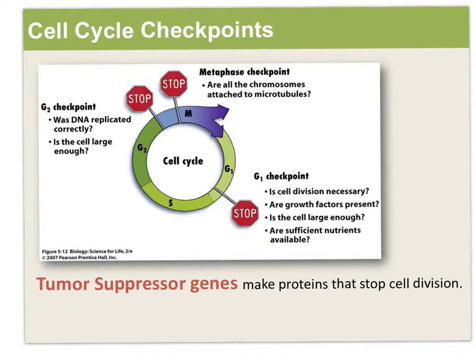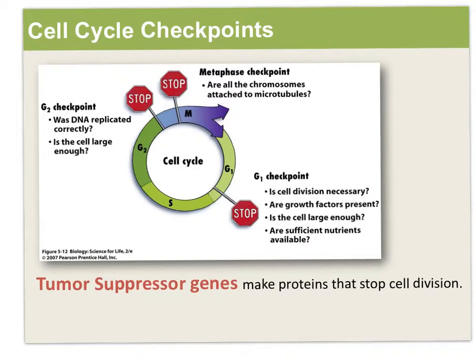Now, during the cell cycle, there are these checkpoints that a cell goes through. To pass on to the next phase of cell replication, you actually have to pass through the checkpoint where everything is all copacetic.